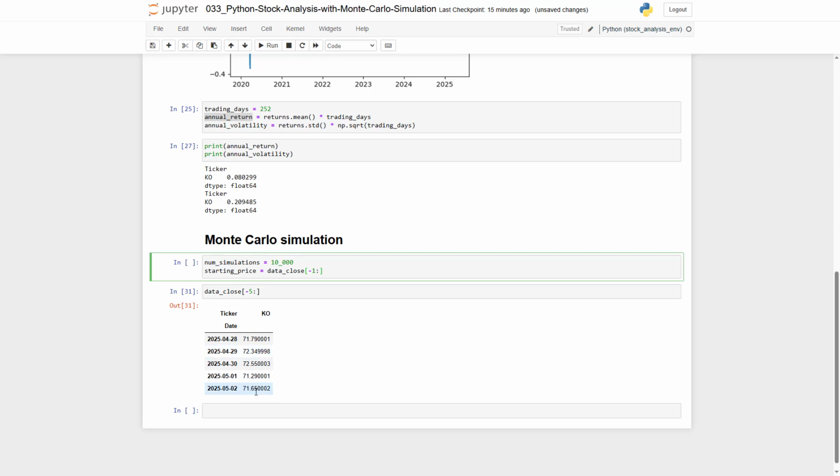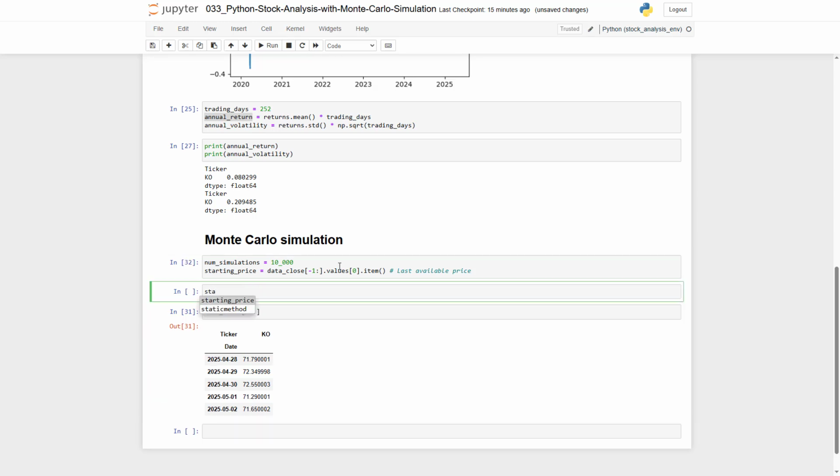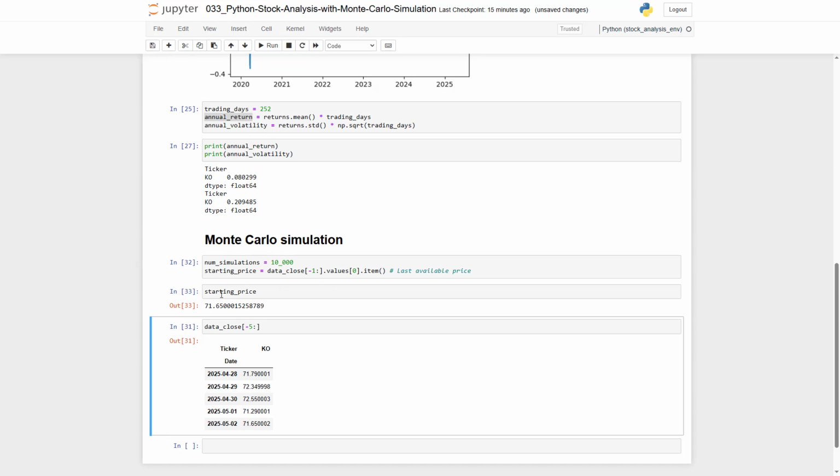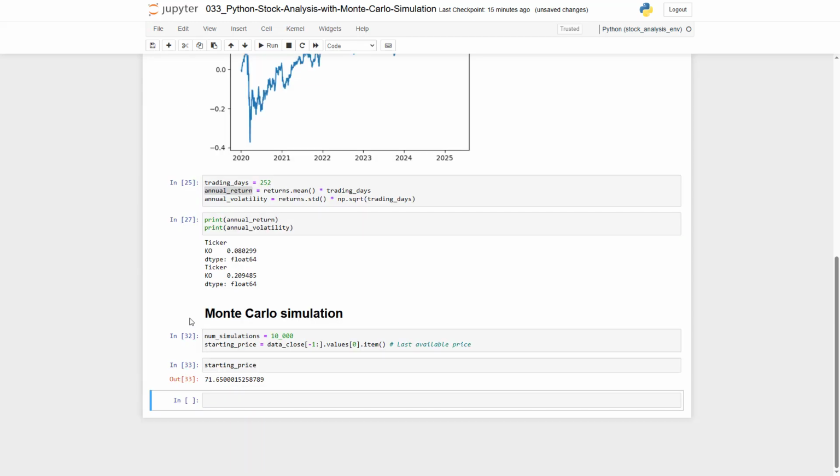But we only need the one price, the value, so we are gonna use values 0 and then item, and I will put a comment here, last available price. So just to see whether we got the correct one, starting price, okay, 71.65, yes, this is the last one that we had.